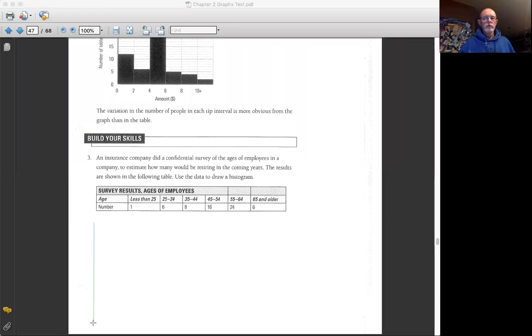Okay, so there we are. When you are doing this, make sure that your columns actually touch each other. They need to touch each other, whatever that may look like. They've got to touch each other.